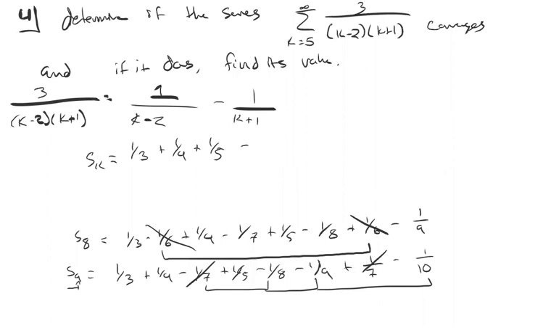So this is minus 1 over k minus 1, because if k was 9, that's k minus 1 right here. And then we have minus 1 over k plus 1.